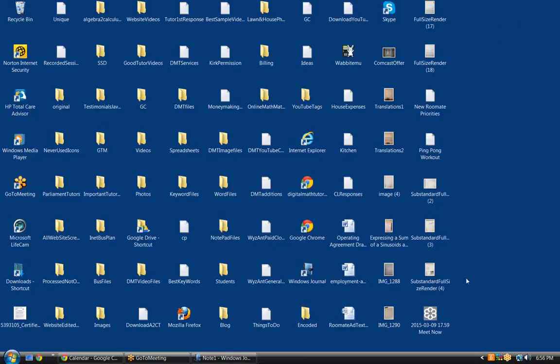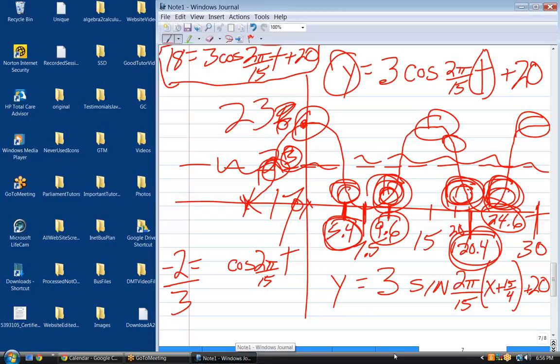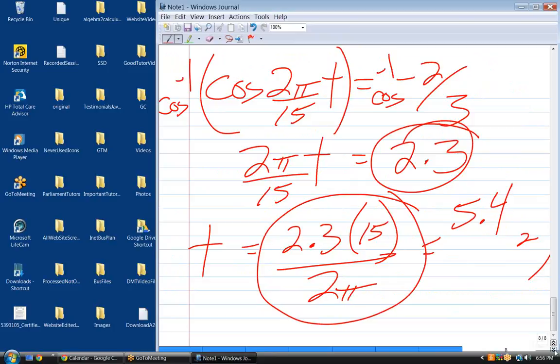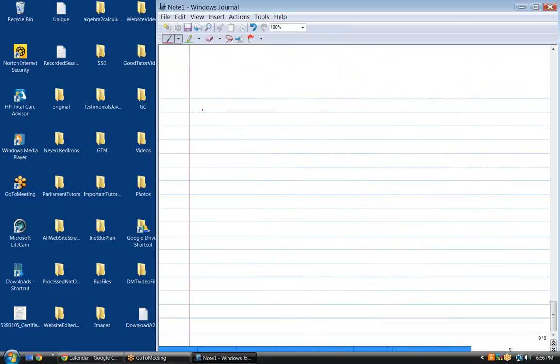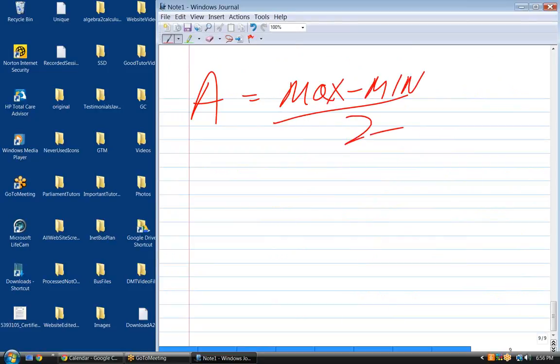They are. The most important thing you can remember about a word problem is that A is your maximum minus your minimum divided by 2, and D is your maximum plus your minimum divided by 2.